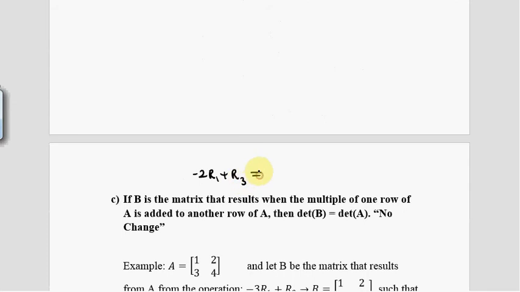Here, what we're saying for the determinant is that the result does not change. No change in the determinant. So if B is the matrix that results when the multiple of one row of A is added to another row of A, then the determinant of A is the same thing as the determinant of B. So there's no change there.